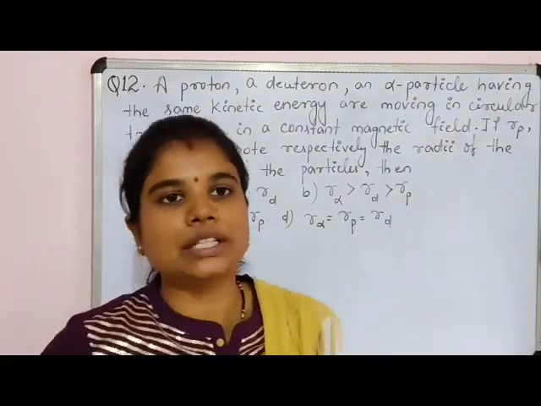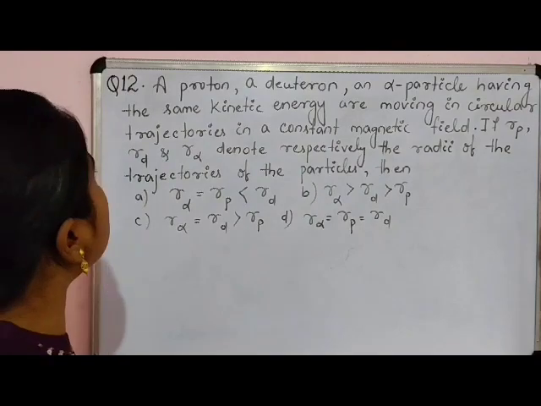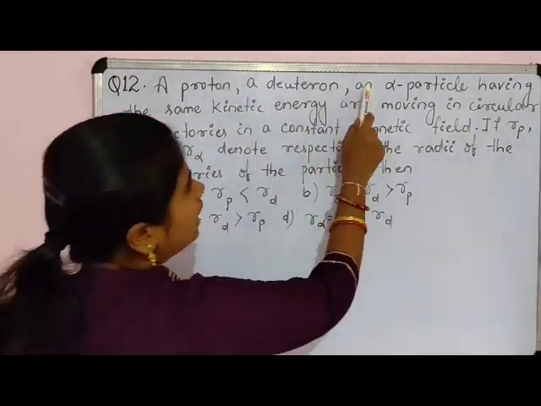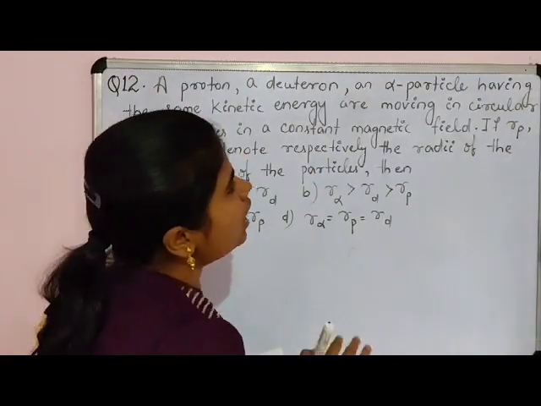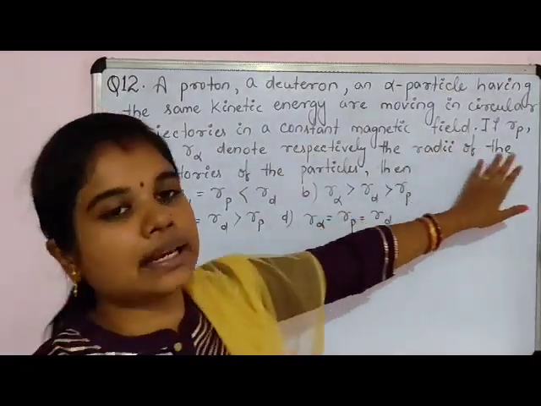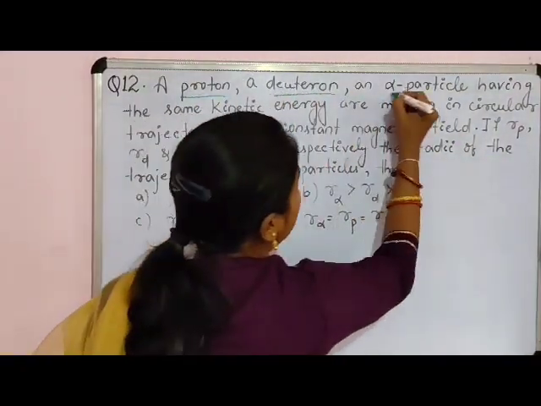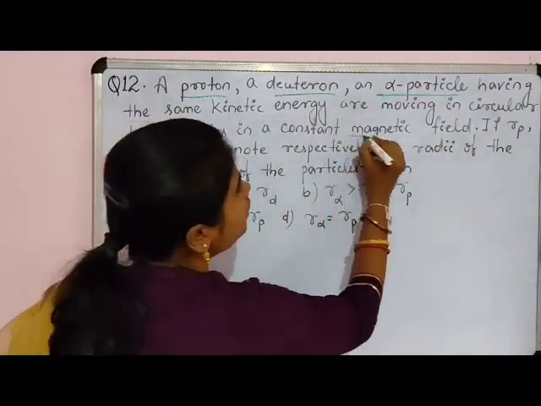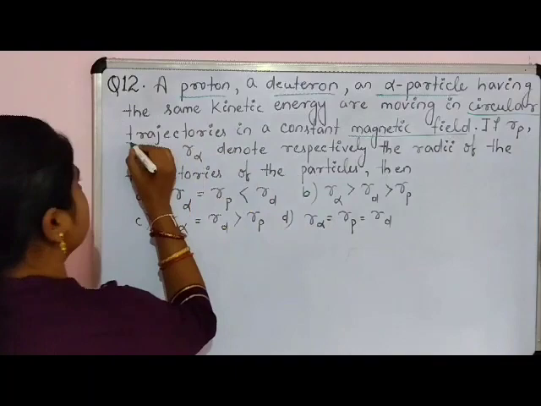Now we have the 12th question. So let's see what it is. It is saying a proton, deuteron and an alpha particle having the same kinetic energy are moving in circular trajectories in a constant magnetic field. All three particles, proton, deuteron and alpha particle, are moving in a magnetic field in circular trajectories.